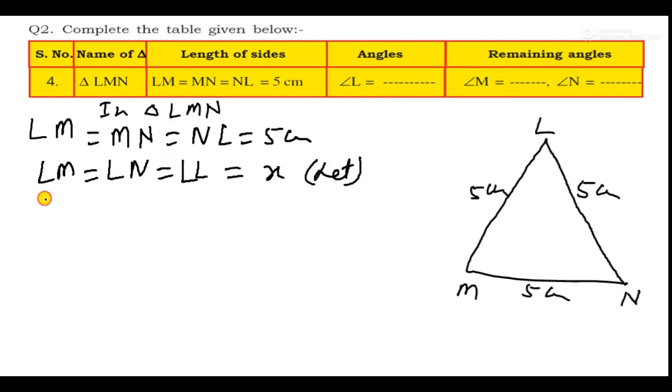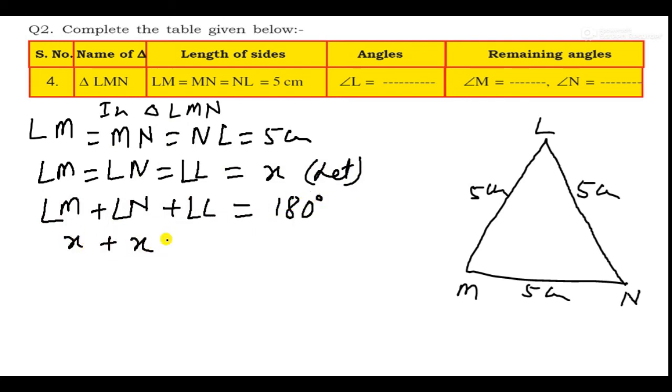So in this triangle, the sum of the angles is 180 degrees. So angle M plus angle N plus angle L is equal to 180 degrees. So here is X and it is also X, it is also X, so it is 180 degrees. So what will happen? It becomes 3x is equal to 180 degrees. Now come to the second one.